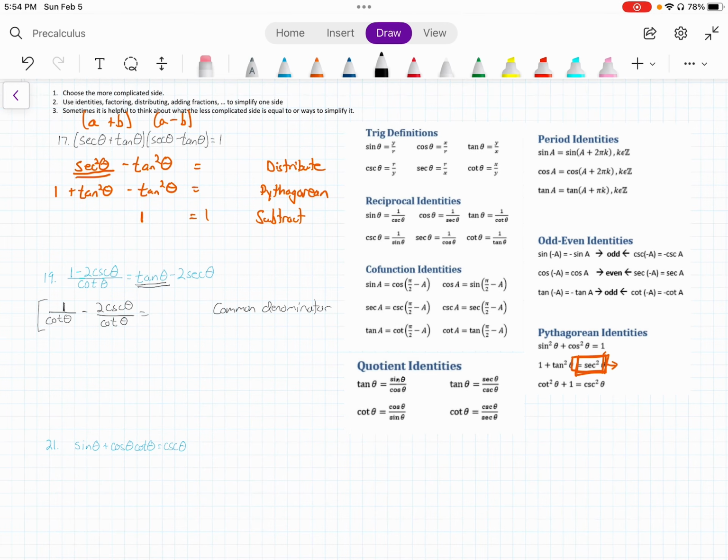I'll go ahead and use that reciprocal identity, knowing that tangent theta is 1 over cotangent theta. So we have 1 over cotangent, and so we're going to write that as tangent. So this is tangent theta, and that's using a reciprocal identity.